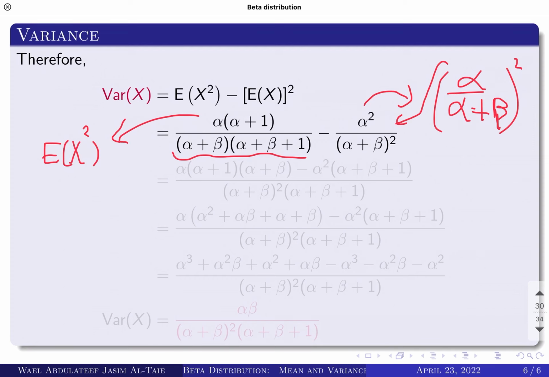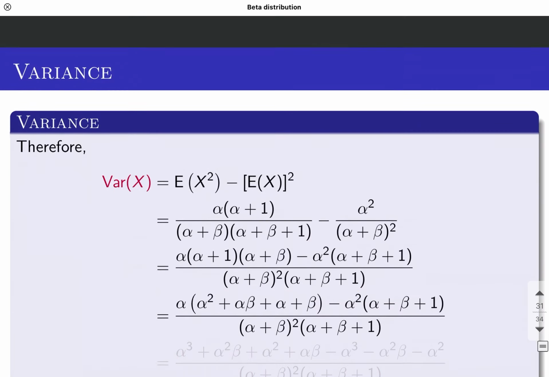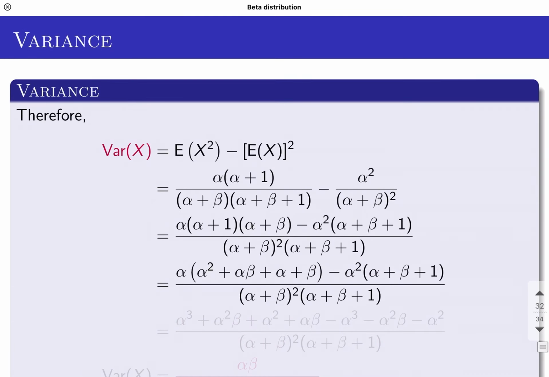Now we have different denominators here, so we need to make them a common denominator. We take alpha plus beta squared times alpha plus beta plus 1 as the denominator, and do some algebra to get this part here.